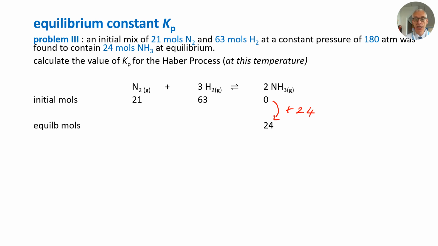That means the amount of hydrogen must have gone down by 36. It's a 2:3 ratio. So if ammonia increases by 24, hydrogen must decrease by 36, and it also means that the nitrogen must decrease by 12.